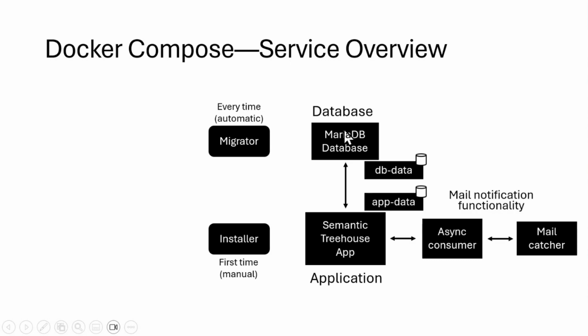Any uploaded files, uploaded images, maybe uploaded artifacts are stored on a different volume. So there are 2 Docker volumes. And it's not really necessary maybe to explain exactly, but this is basically the distinction.